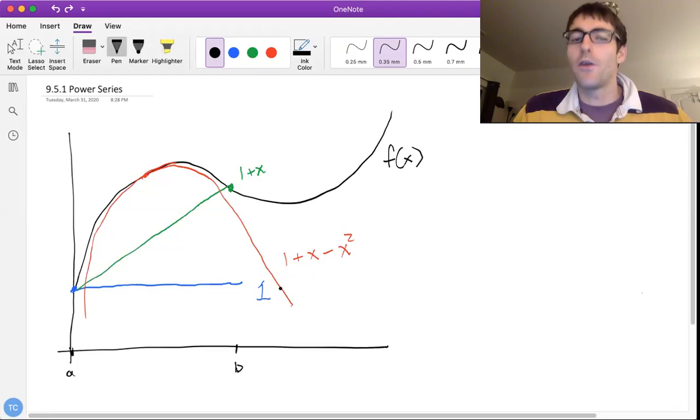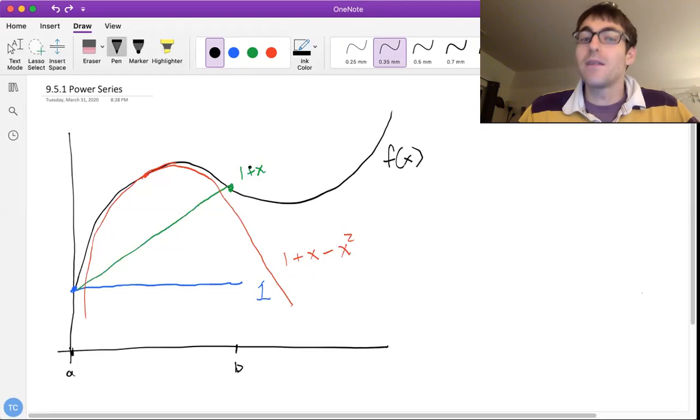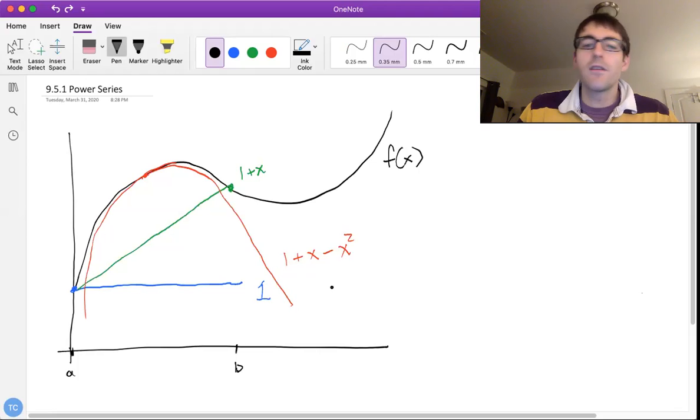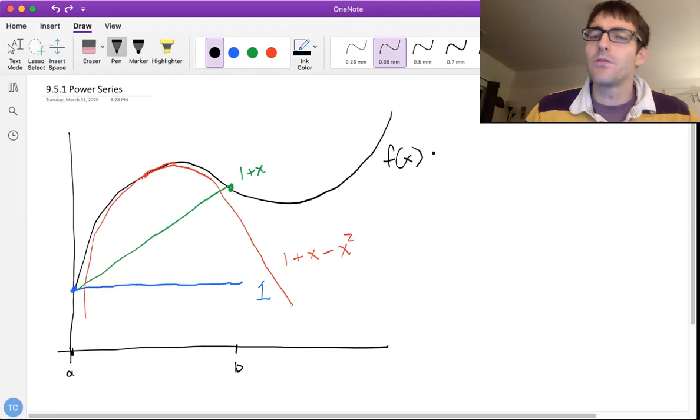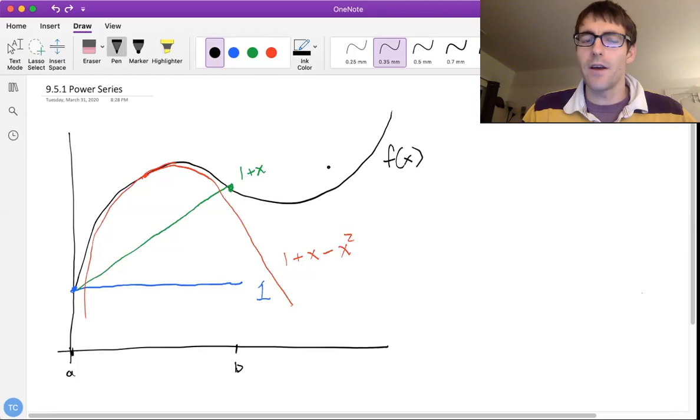So you might notice that, all right, we started off with a 1, and that was okay. And then the 1 plus x was better. 1 plus x minus an x squared. Maybe it needs a 1 plus x minus x squared plus 2x cubed term to make it even more accurate. But there is some way of taking higher and higher degree polynomials and having this limit towards our function f of x.